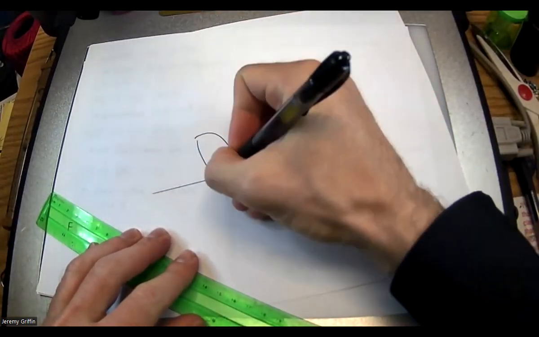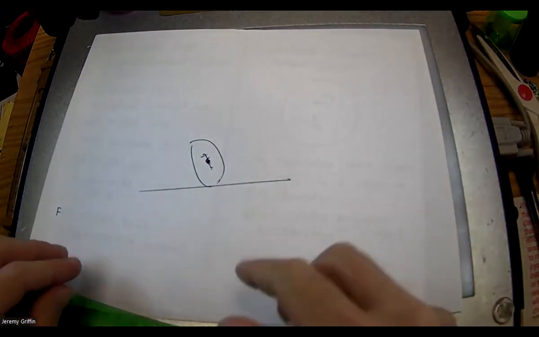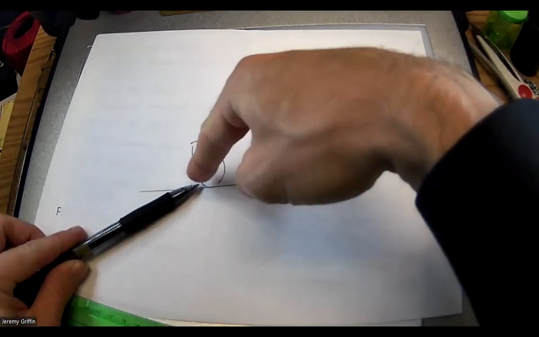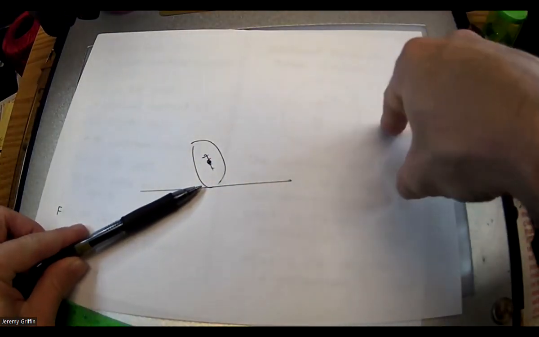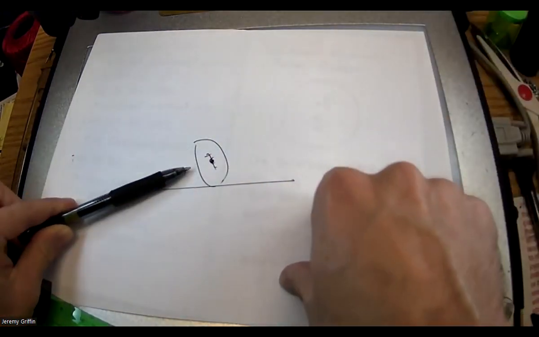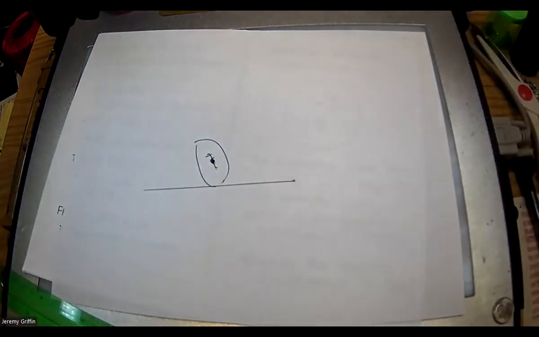Football, center of mass, center of gravity. So if you kick it down here, isn't it going to tumble this way? Counterclockwise. If you kick it right here, it's going to tumble clockwise. But if you kick it right through its center of gravity, it's going to take off without rotating at all.